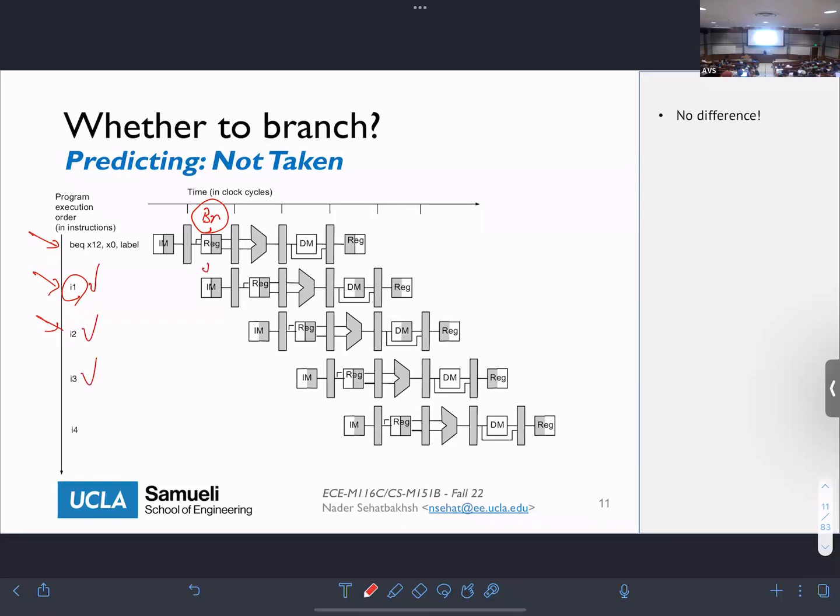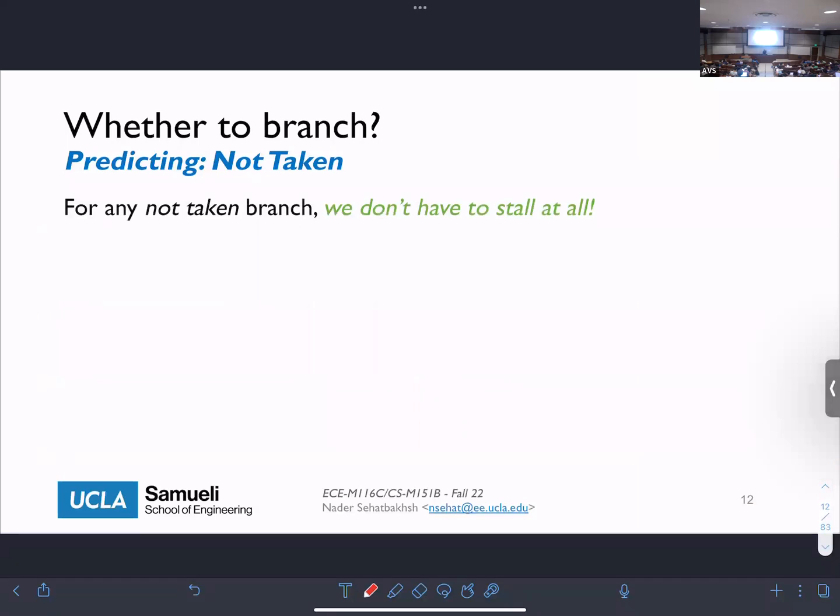So we push the branch here, I1 goes here, I2 comes in, and so on and so forth. For not taken branches, if the branch is indeed not taken, we see zero performance hit because essentially we don't need to do anything. We don't need to be worried about anything, right? Any question at this point? Cool. And as I said, we don't need to stall at all.